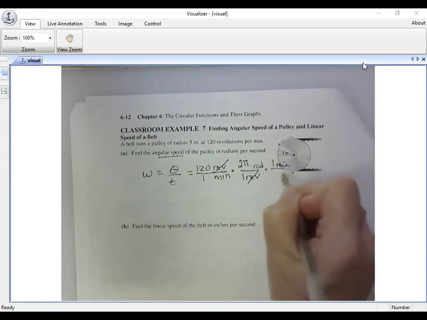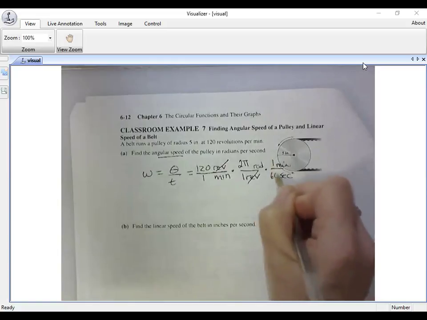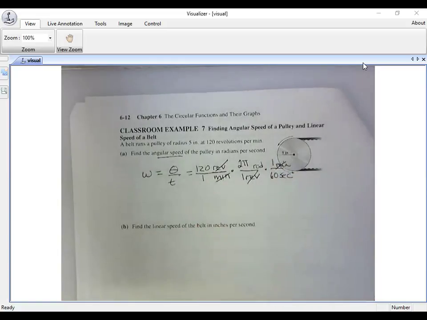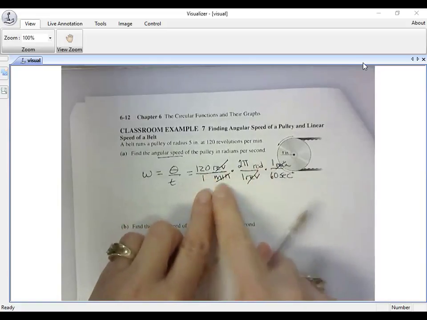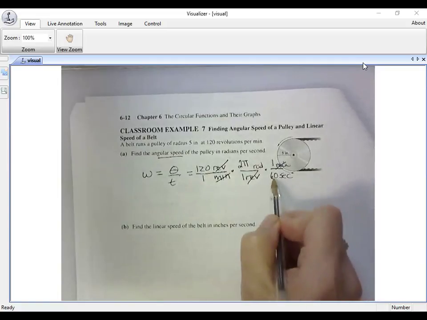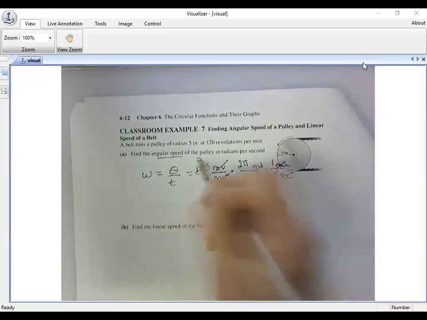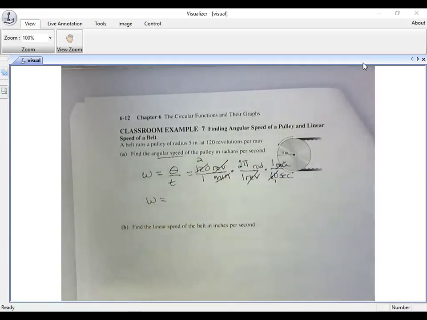And 1 minute is the same as how many seconds? 60. So now, if I multiply everything together, the only unit on top is radians and the only unit on bottom is seconds. I just got to figure out the number that goes with this. So I've got 60 on bottom, 120 on top. I know that's going to go in there 2 times. And that would mean my omega is how much?